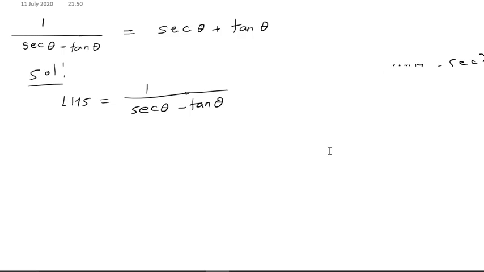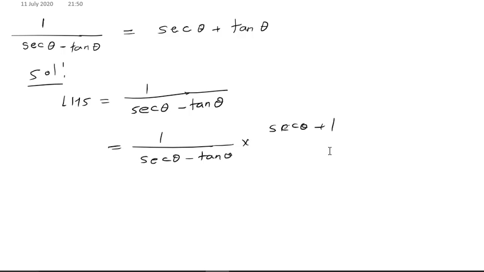So if you see 1 upon sec theta minus tan theta, what I can do, I can multiply this. As you see on right hand side, we have to prove that this is equal to sec theta plus tan theta. So better I will multiply and divide by sec theta plus tan theta.